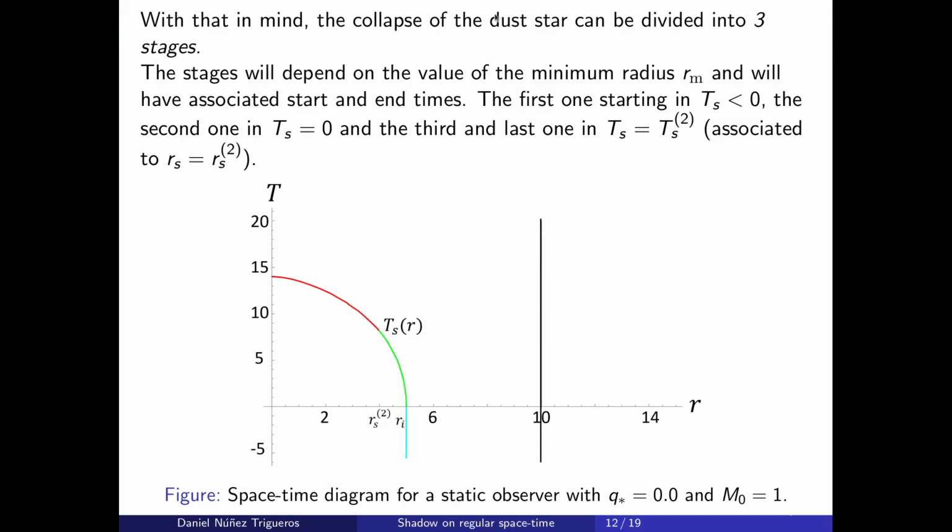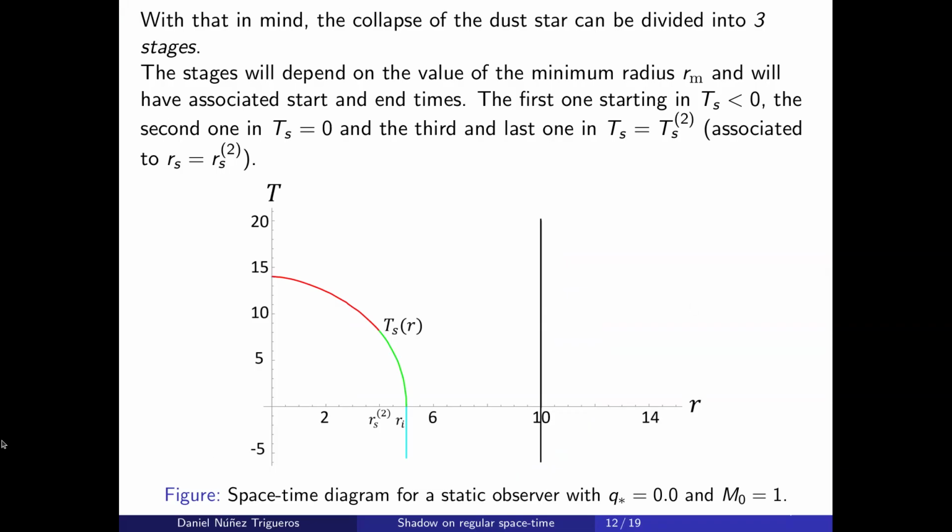So the collapse is divided in 3 stages. The first one is where you have a static star, and that is for negative coordinate time. And when you arrive at coordinate time equal to 0, we say that the collapse starts.